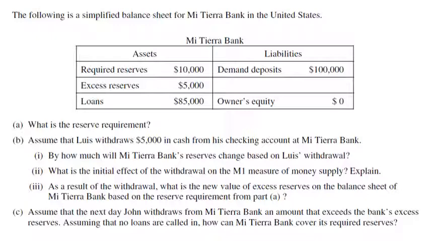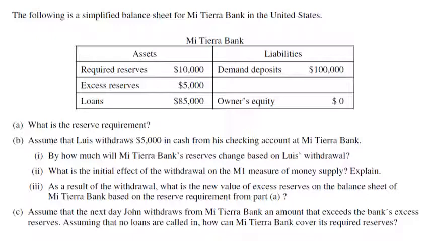When we talk about required reserves, we're typically talking about a dollar amount, the actual money that the bank has to hold on to. Whereas when we're talking about the reserve requirement, it's always going to be in the form of a percentage. So for A, your answer is going to be in the form of a percent.